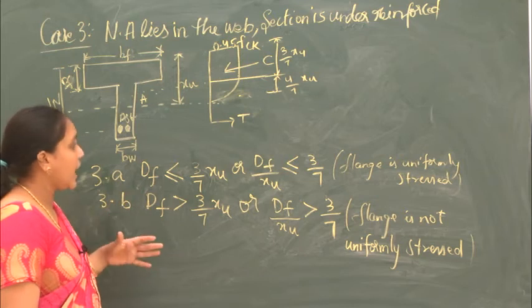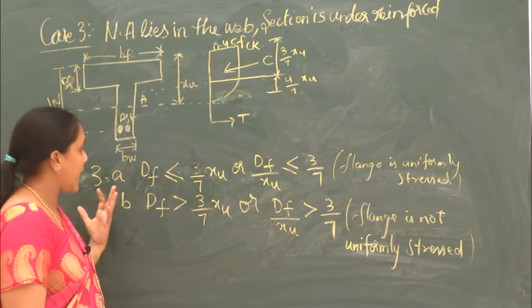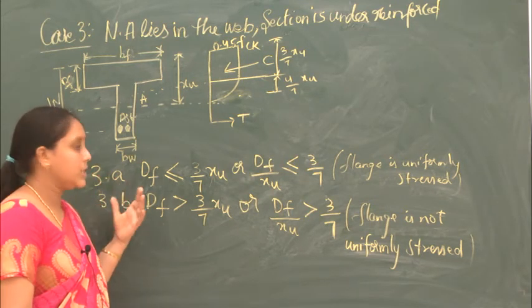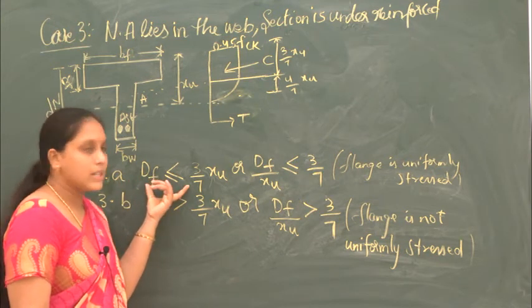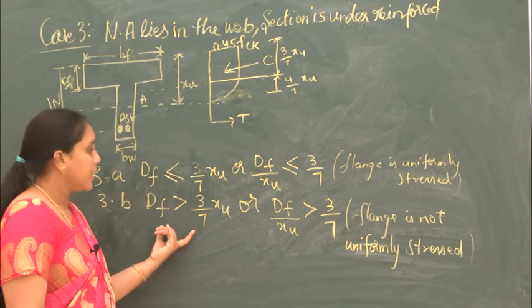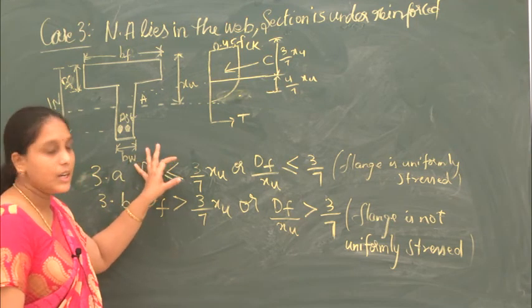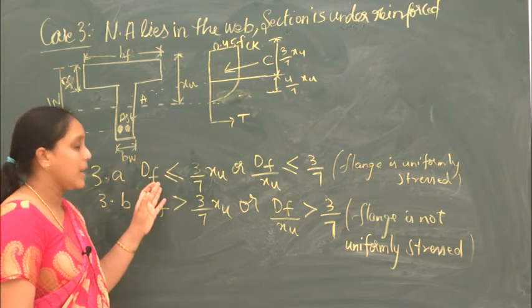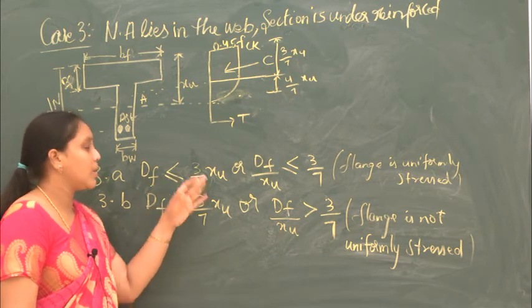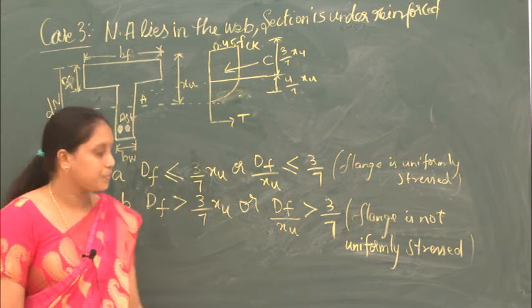Now in a similar way as we have done for a balanced section, we have to calculate the moment of resistance considering this condition as well as this condition. First we will find the moment of resistance for the condition when the depth of the flange is less than or equal to 3 by 7 xu.